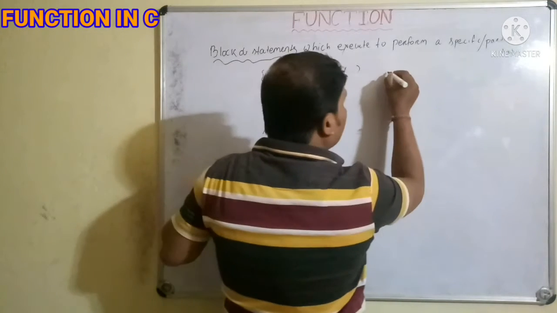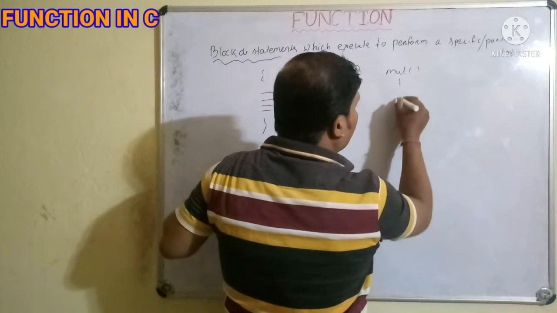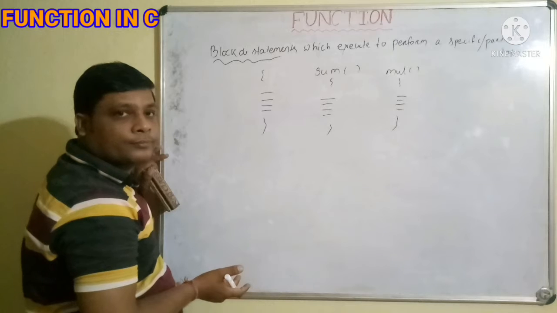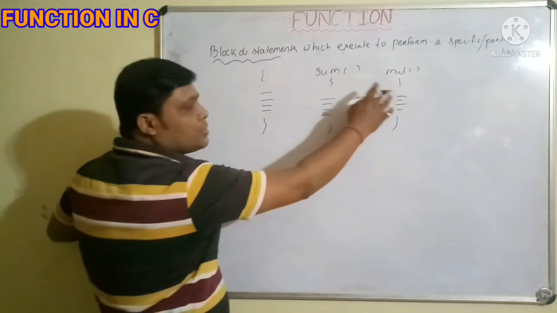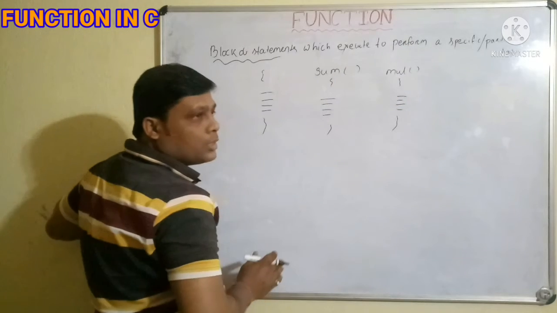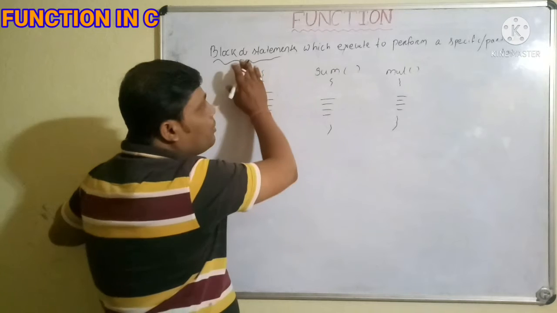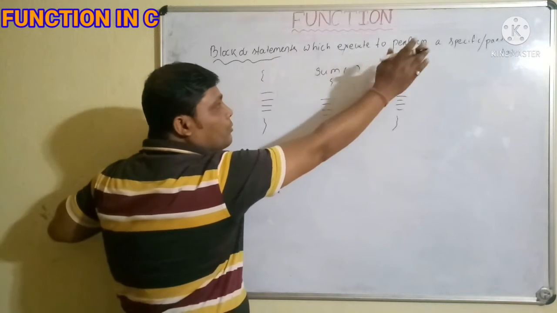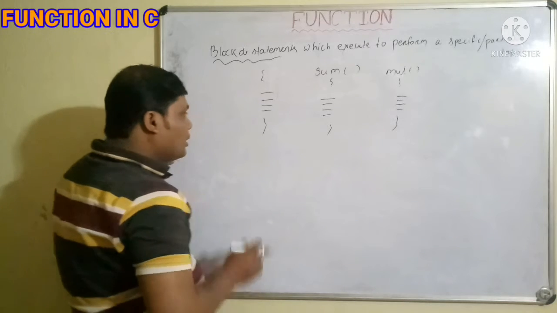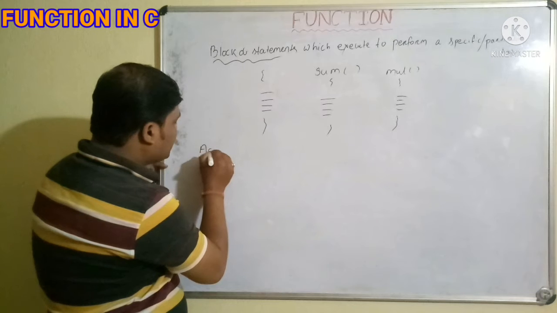Same, suppose I am taking a multiplication function to calculate the multiplication of two numbers. Then there will be some statements which will execute to perform this multiplication. Clear? So it's a block of statements which executes to perform a particular task.